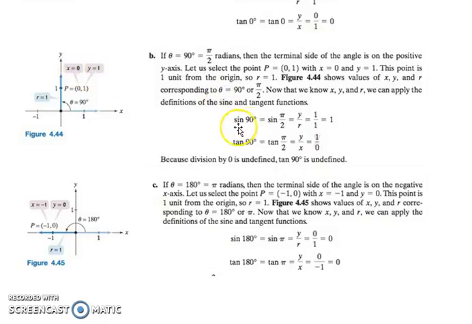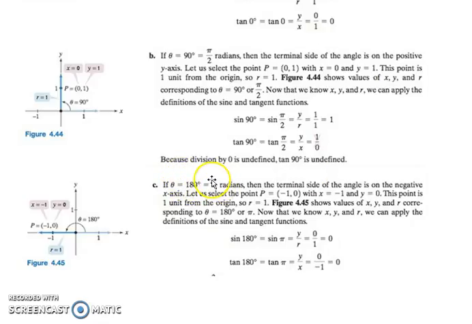So the sine would be y over r, which is 1 over 1. The r value is how far did we go? We went 1. And the y value is 1. The tangent would be y over x, but this time x is 0, and we can't divide by 0. So that becomes undefined. So really there is not a tangent for 90 degrees.